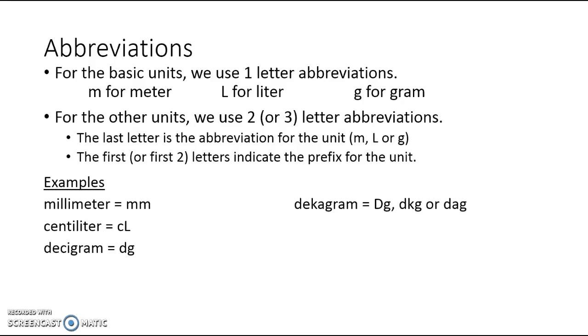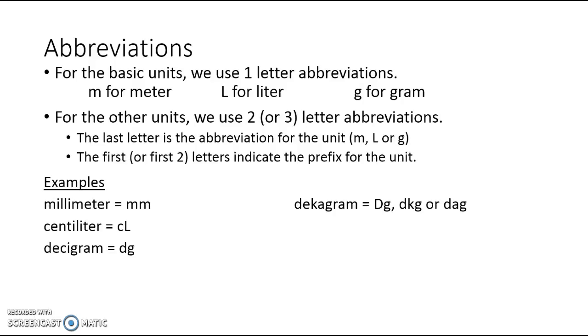Now, the abbreviation for decagram takes a little bit of thought because we've already used a D for deci. So one thing that people do is to use a capital D for deca, and therefore using the abbreviation capital DG. This fits with the 2-letter abbreviation.